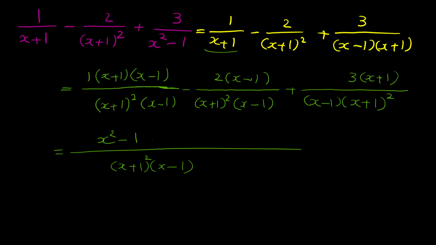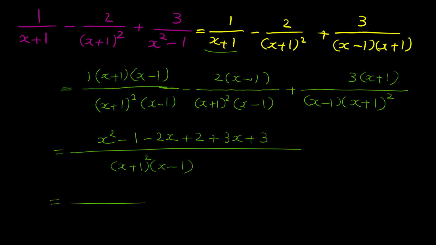Then we have negative 2 times x minus 1. Attention, that negative is for all the brackets. So we have negative 2x plus 2, because 2 times negative 1 is negative 2, but we have this extra negative here, so it makes it positive. And for the last fraction, in the numerator, we have 3x plus 3.